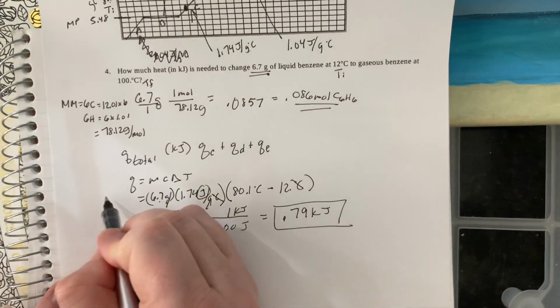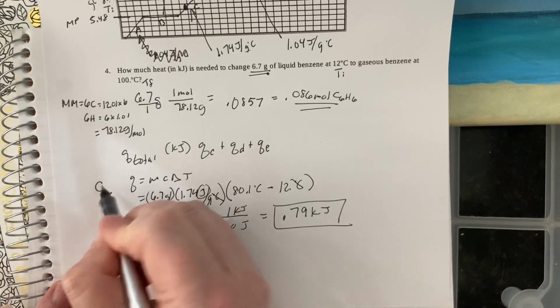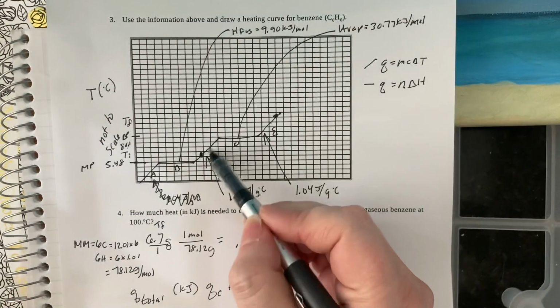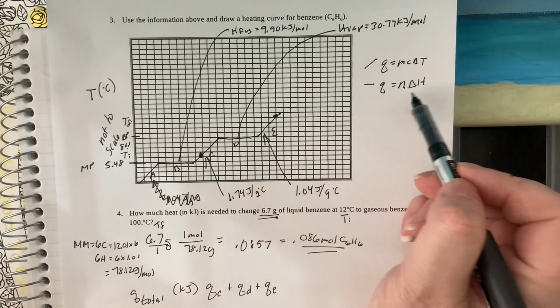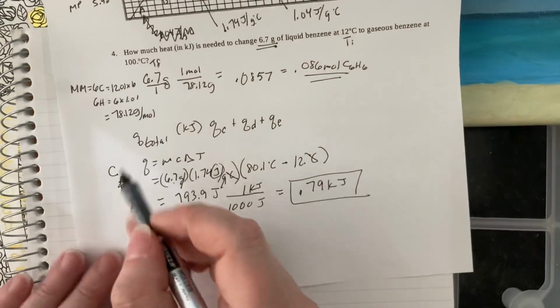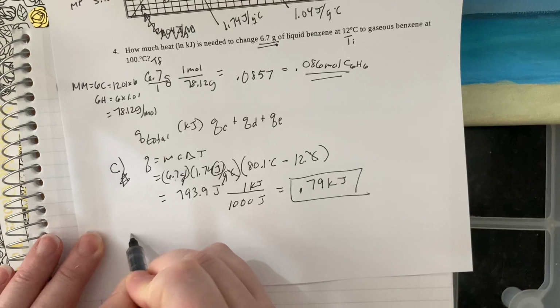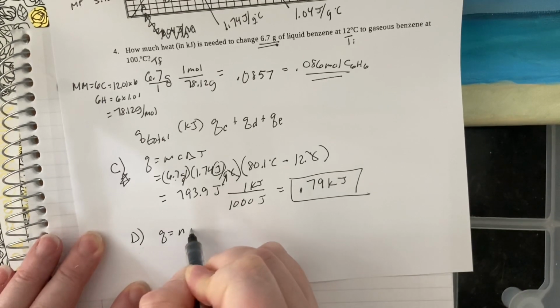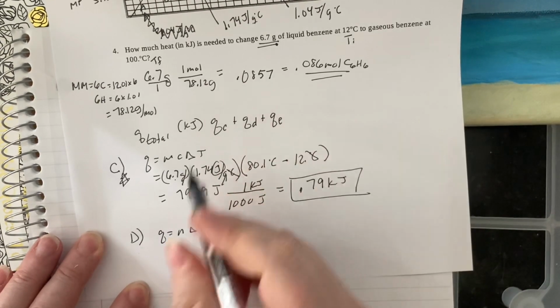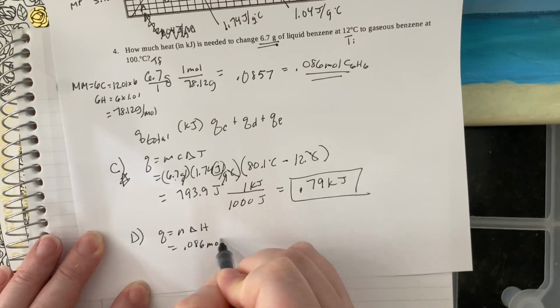My Q, so this is line segment C. My line segment D is on the flat, so I use n delta H. My number of moles, 0.086 moles.